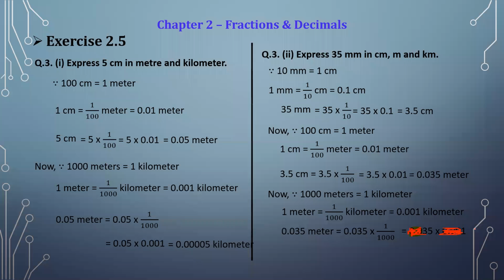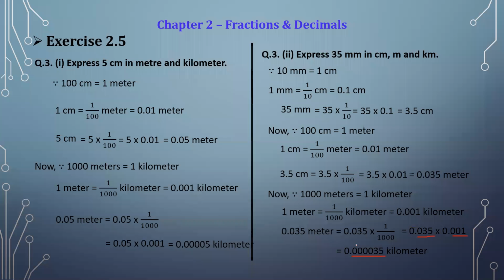Now count how many digits are present after the decimal point, since that many digits will be in the final answer. In the first number 3 digits are there, and in the second 3 digits, so 3 plus 3, 6 digits after the decimal point.